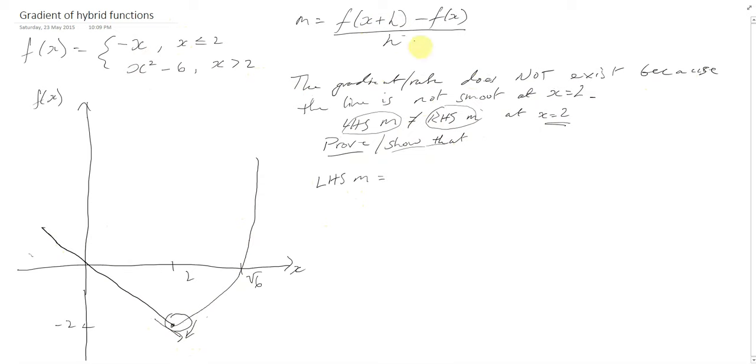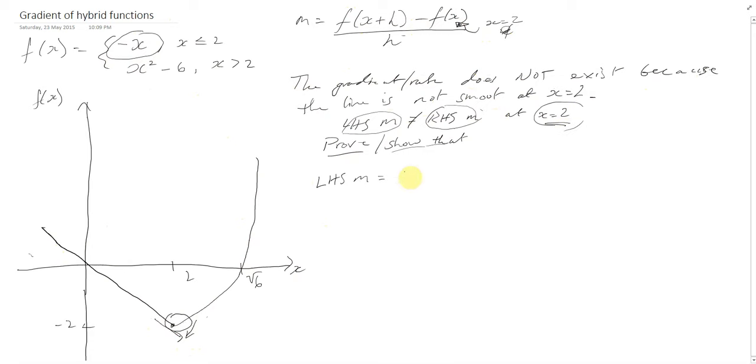We'll use our formula up here to do it. Now from the left-hand side, our function is minus x. And obviously the x that we need to use, this one that we're referring to, has to be 2. So x equals 2, because that's the point that we're interested in here.